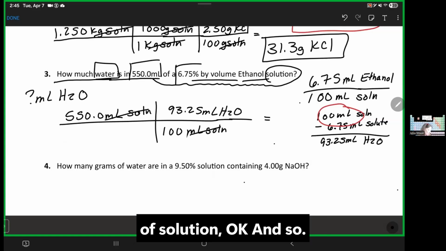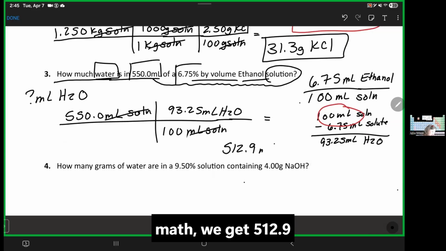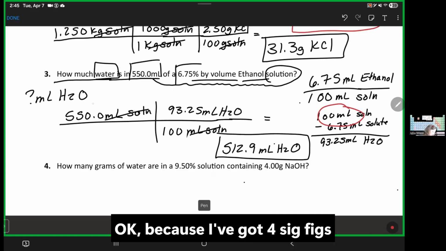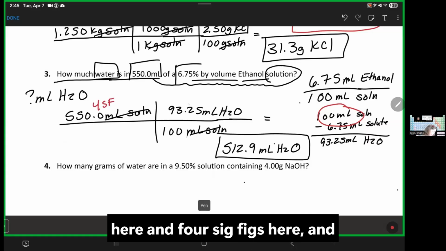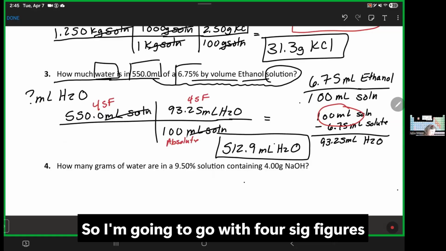Okay, and so if we do that math, we get 512.9 milliliters of water. Okay, because I've got 4 sig figs here and 4 sig figs here, and this is an absolute number. So I'm going to go with 4 sig figs in my answer.